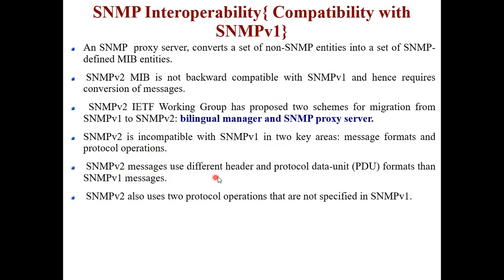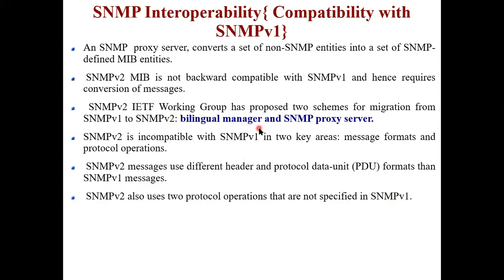SNMP version 2 messages use a different header and PDU format than version 1 messages. Also, we have two protocol operations that are not specified in version 1. So when I'm dealing with the conversion, I need to deal with the PDU, because the header formats of both are different, and also two protocol operations are different.